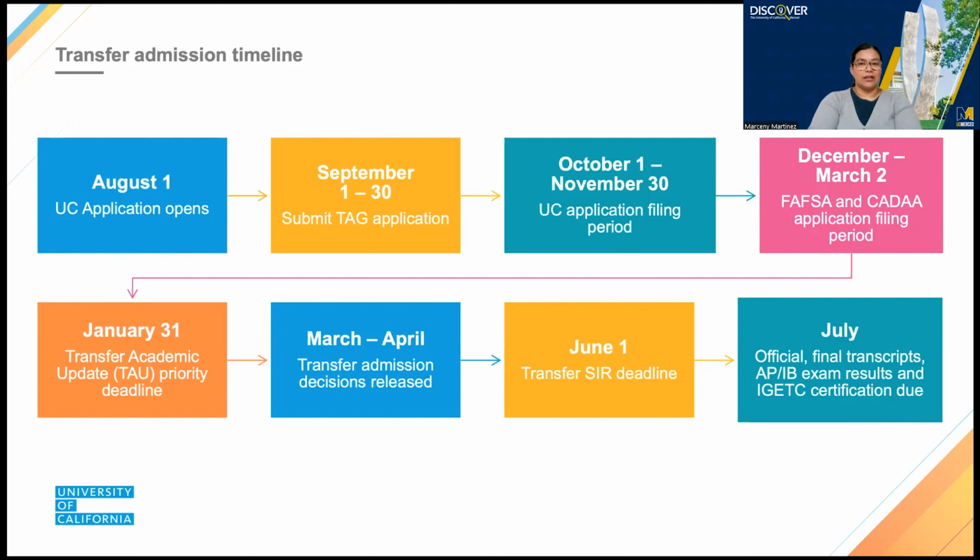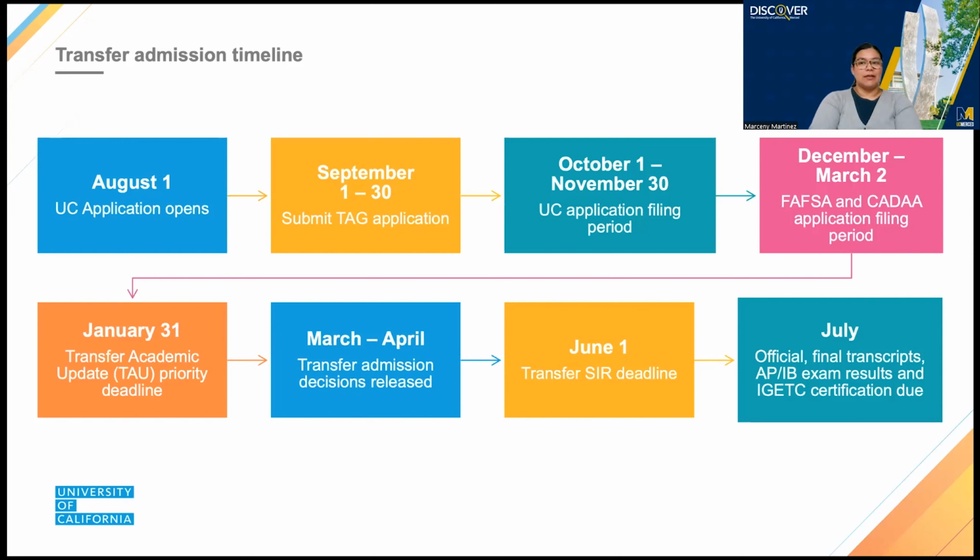By January 31st, transfer students who apply for fall admission will be asked to update their applications through the UC Transfer Academic Update, also known as the TAU, process. Once they log into their application, they will be able to give UC their final grades from the previous fall, as well as a list of all courses in progress or planned for winter and/or spring.